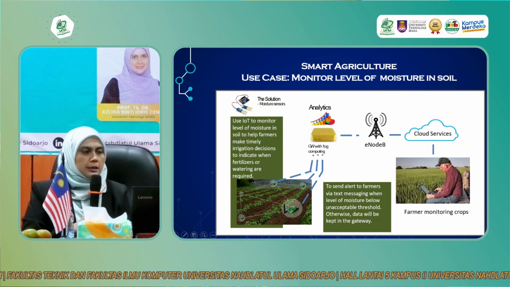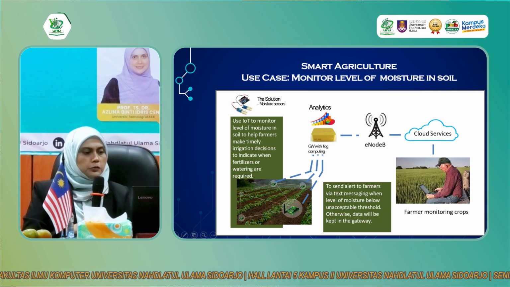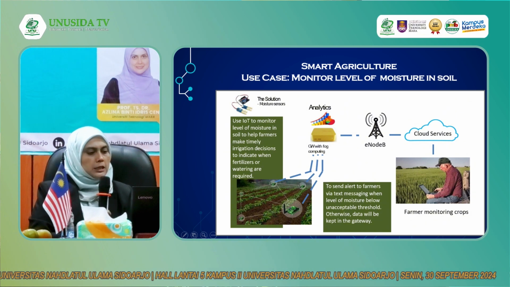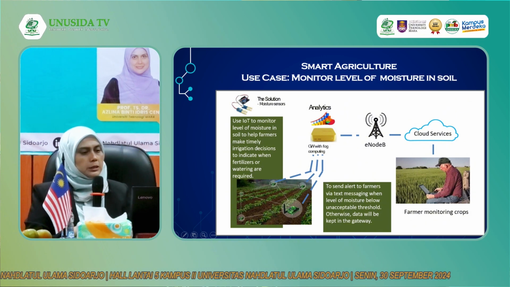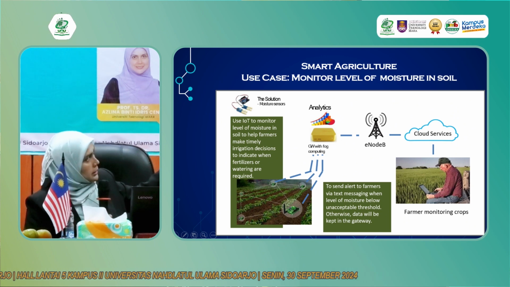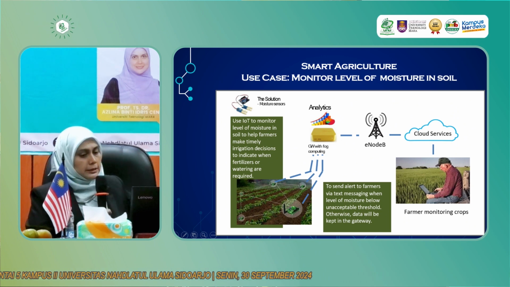So that means the system will send alert to farmers via text messaging when level of moisture is below an acceptable threshold. Otherwise, data will be kept in the gateway. So, you can see that over here, farmer can monitor the crops.